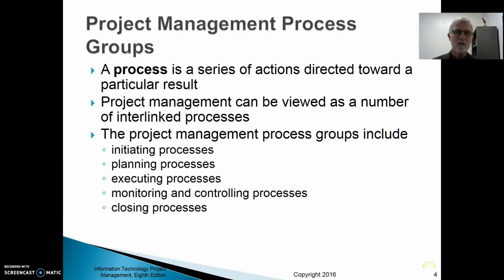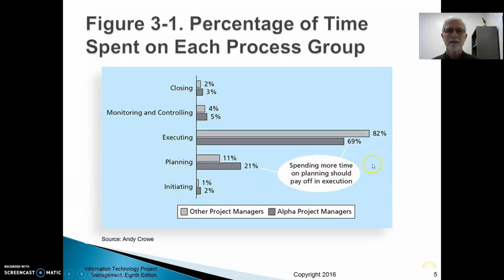And the ones that are usually used the most are initiating a project, planning it, executing it, monitoring and controlling what processes are being run. And then, of course, when the project's done, close it up, wrap it up, make sure you got a successful project.